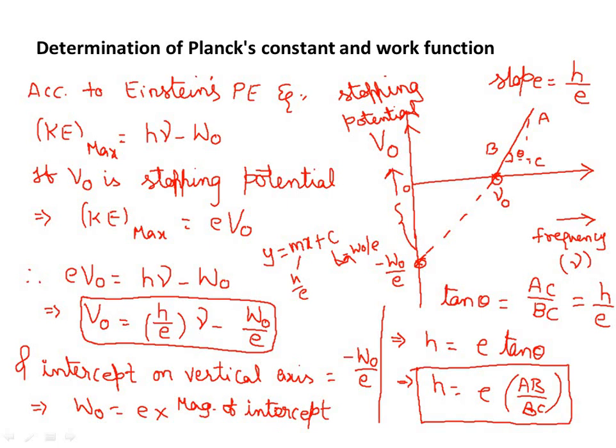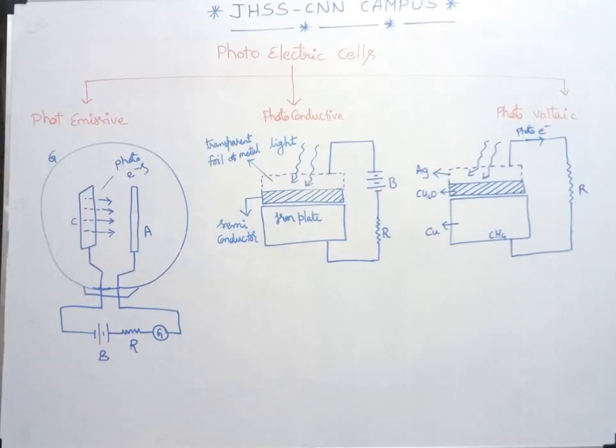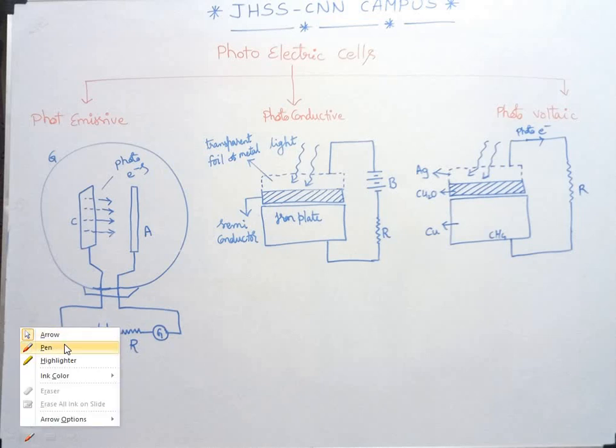Right. Let's go to the next topic, a very, very important one, which is photoelectric cells. What are photoelectric cells? Or simply you can call them photocells. You can see here I have mentioned the classification of the photoelectric cells.